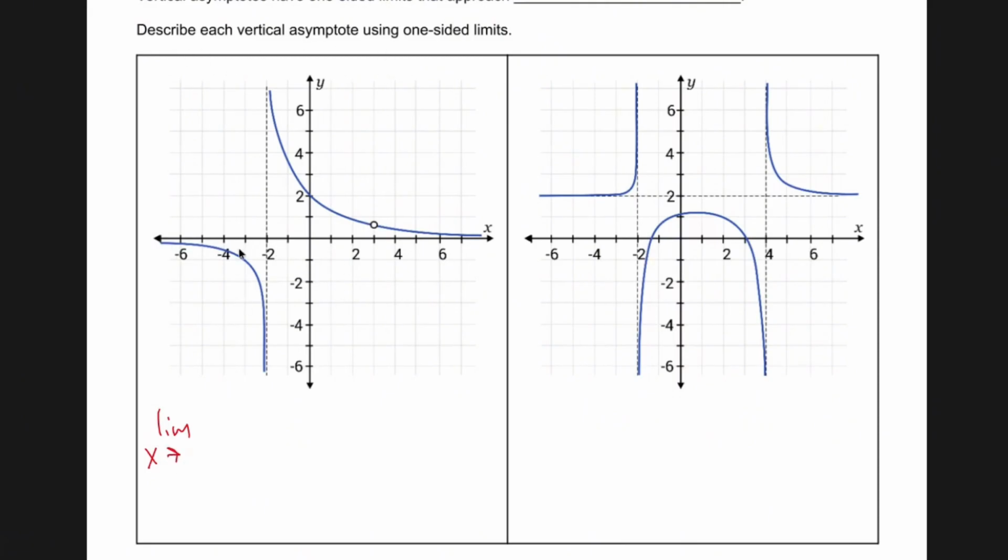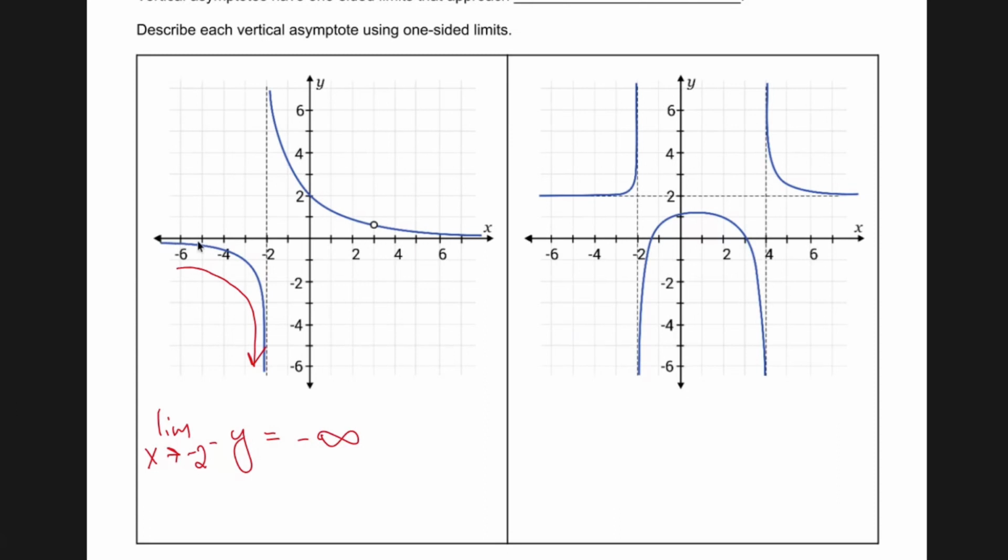What we want to do is describe each vertical asymptote. I have one vertical asymptote at -2. So I'm going to write the limit as x approaches -2 from the left of y. As I go from the left, I'm heading downward, which tells me that the limit as x approaches my vertical asymptote from the left is going to be negative infinity.